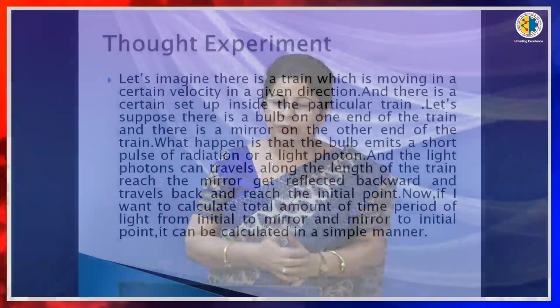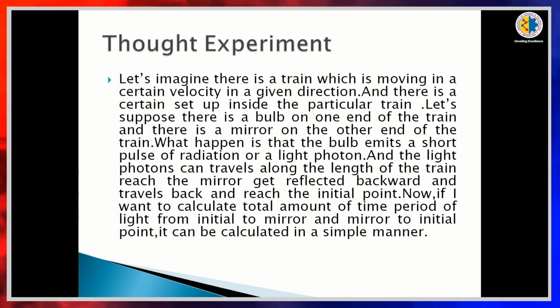Now, if I want to calculate the total time period of light from the initial point to the mirror and from the mirror back to the initial point, it can be calculated in a simple manner.